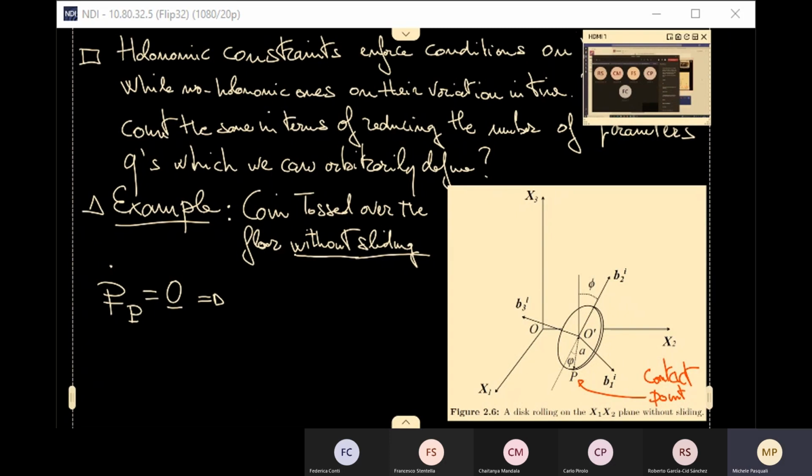So let's say that we are here using the triad of angles, so Euler's angles, to describe the orientation of the coin.